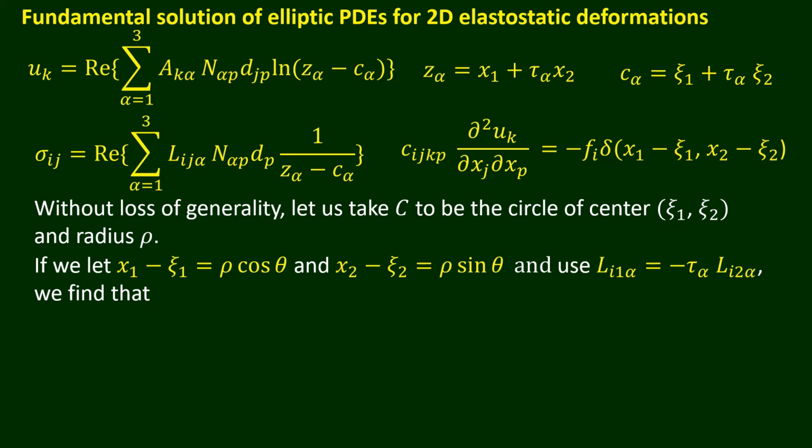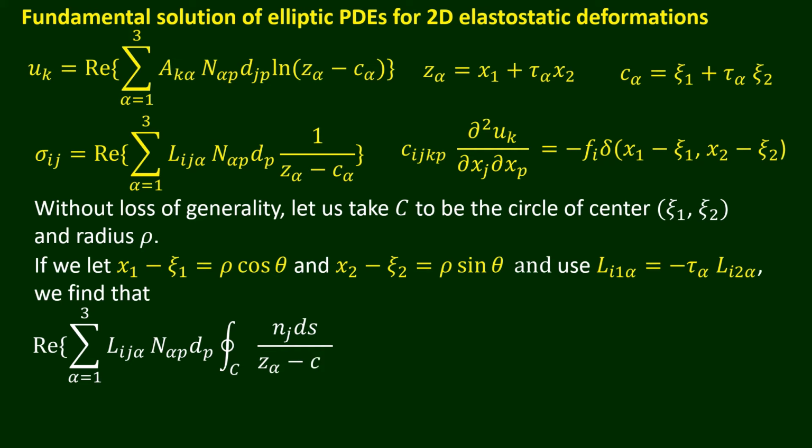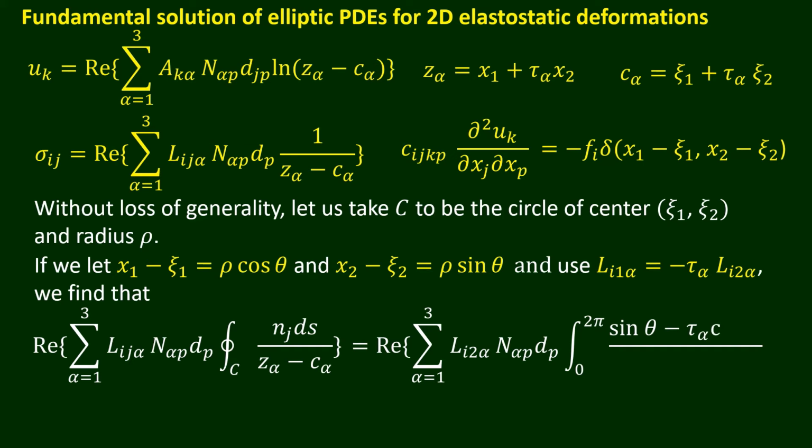If we let x1 − ψ1 equals ρ cos θ, and x2 − ψ2 equals ρ sin θ, and use L_i1α equals minus τ_α L_i2α, we find that the real part of the sum, α equals 1 to 3, L_ijα N_αp d_p, integral over C of n_j ds over (z_α − c_α), equals the real part of the sum of L_i2α N_αp d_p, integral from θ equals 0 to θ equals 2π of (sin θ − τ_α cos θ) over (cos θ + τ_α sin θ) dθ.